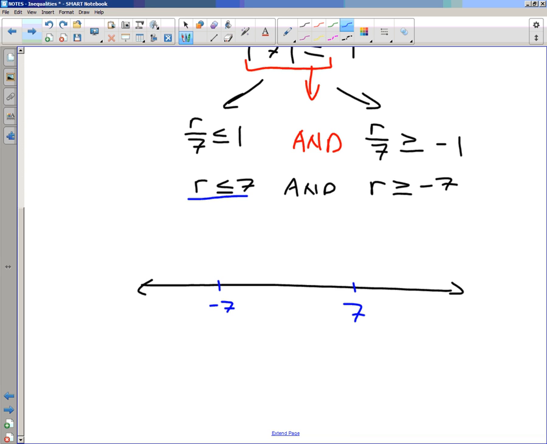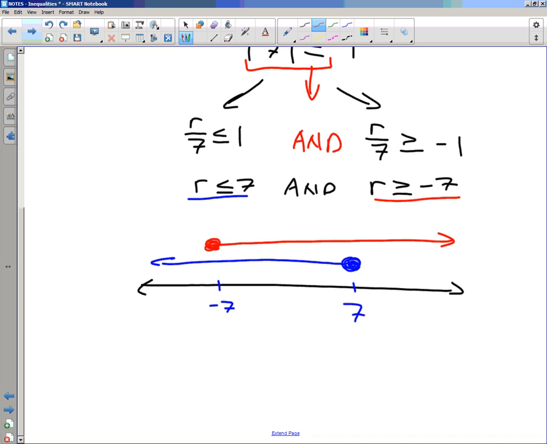R is less than or equal to positive 7. R is greater than or equal to negative 7. And because this is and, we want to look at where these two graphs overlap. They overlap in between. They're also going to overlap at negative 7 and at positive 7. So our solution is between negative 7 and positive 7.